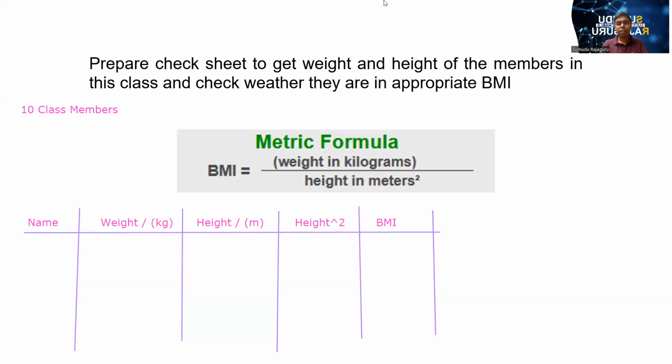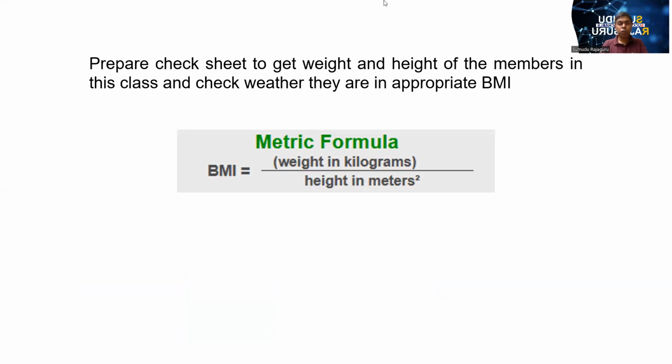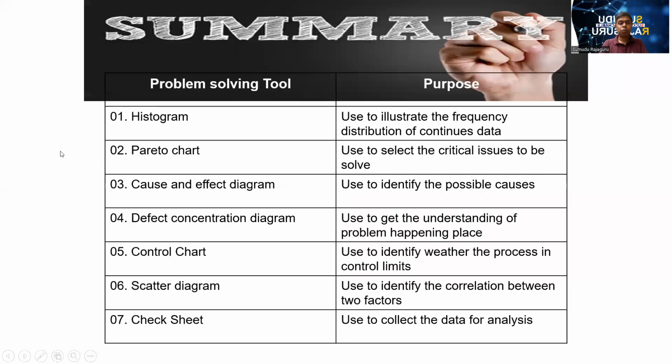Okay, right. So up to now, we have learned about 7 types of problem analyzing tools. You can remember the histogram. Why do we want to draw the histogram? What is the purpose? It is used to illustrate the frequency distribution of continuous data.